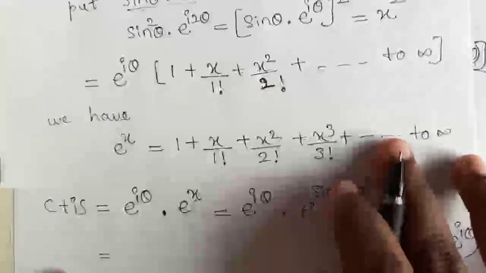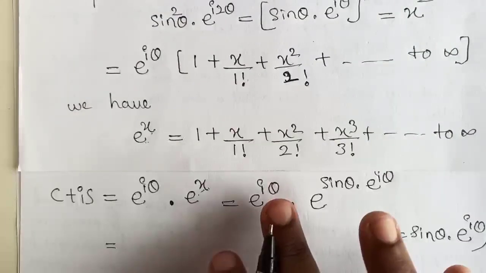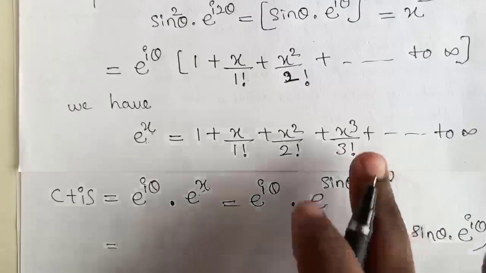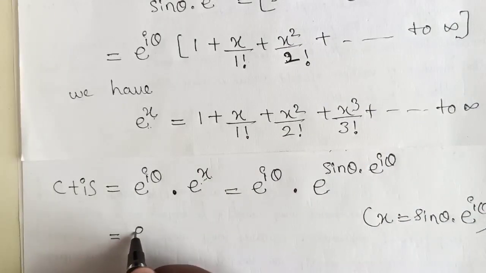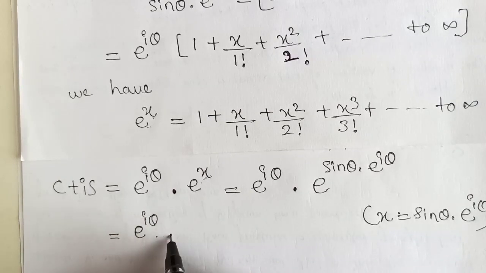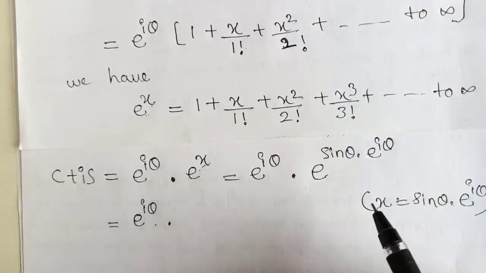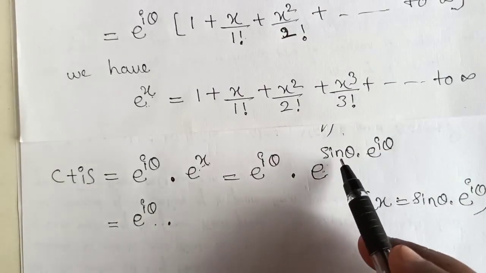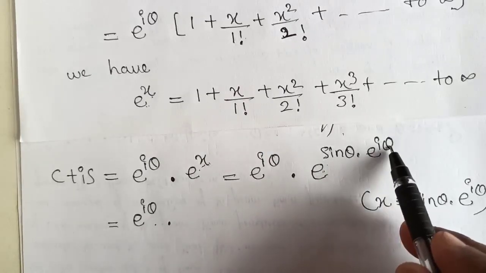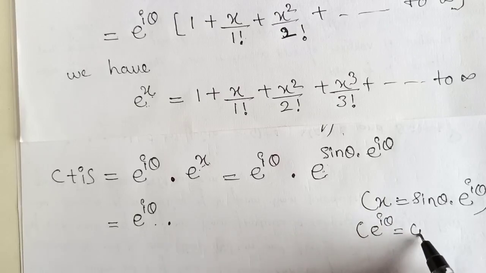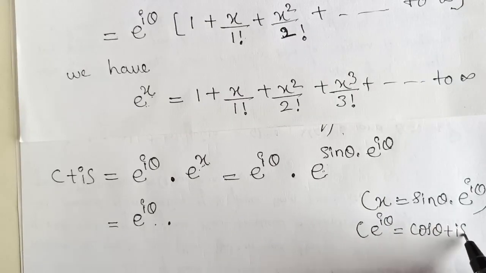Now we have to separate the real and imaginary parts. That can be done as e raised to I theta as it is, into e raised to sin theta, keeping it as it is. In the place of e raised to I theta you write cos theta plus I sin theta.